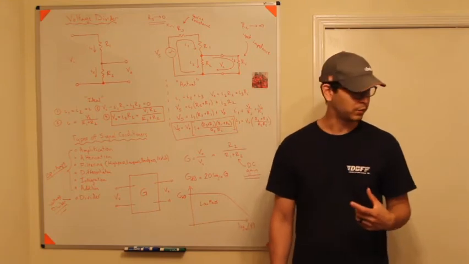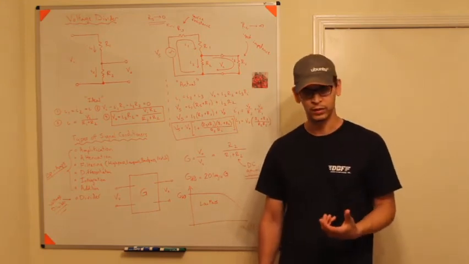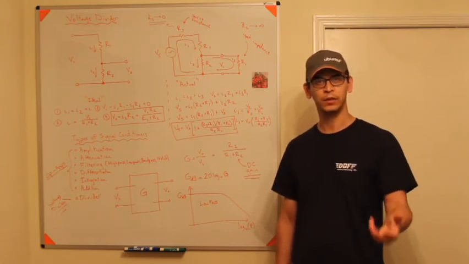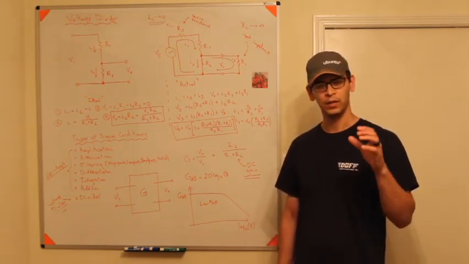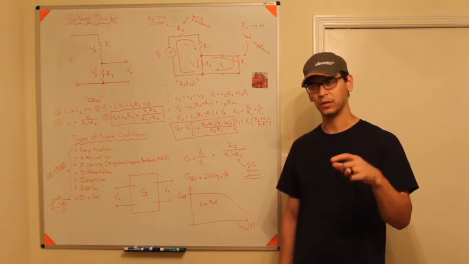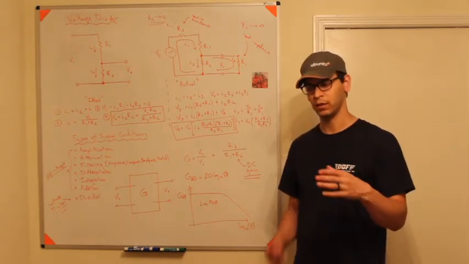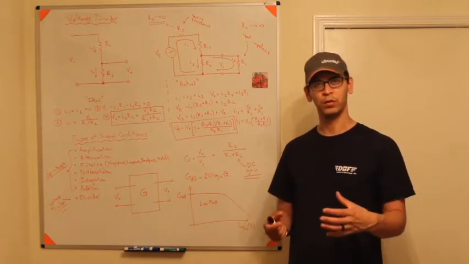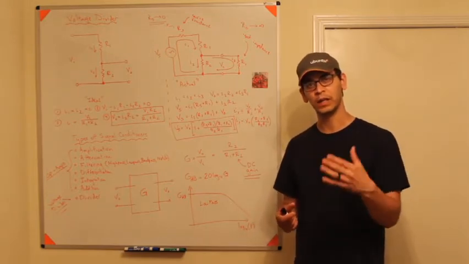If you want to charge your tablet or your cell phone, the batteries in those are typically 3.7 volt batteries, and they need direct current to charge them.